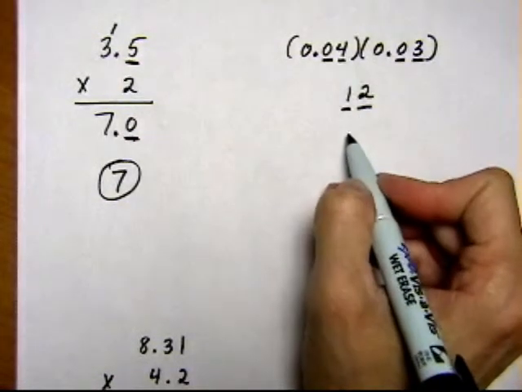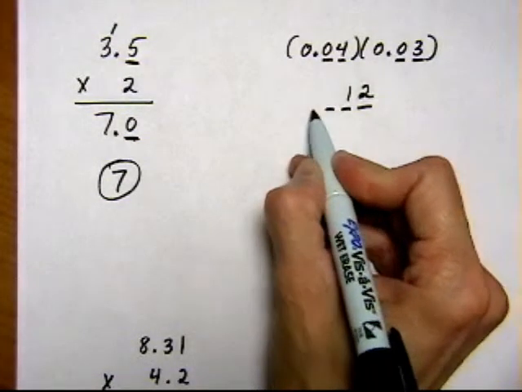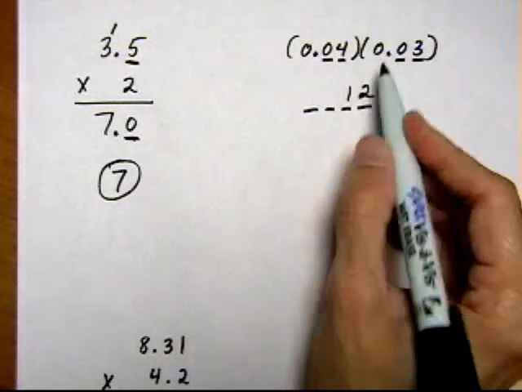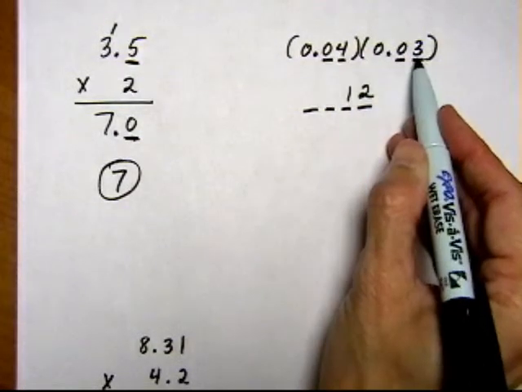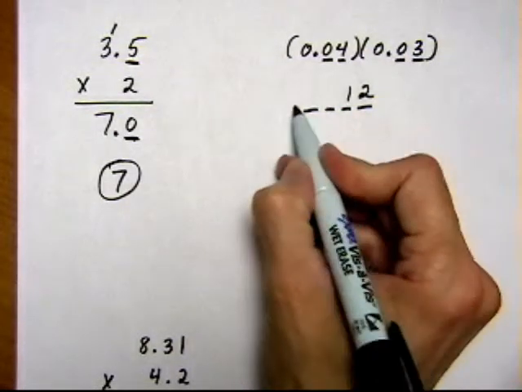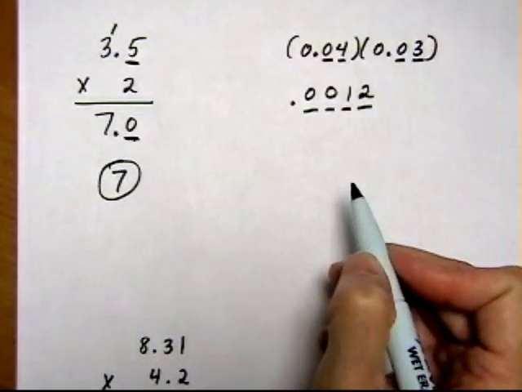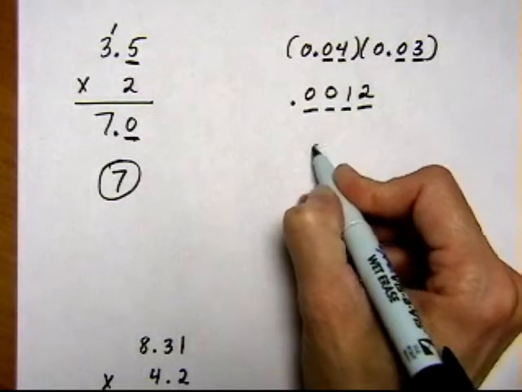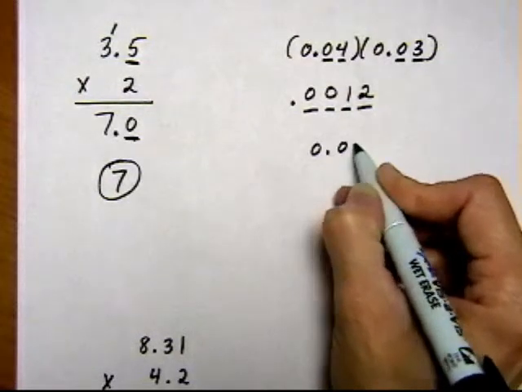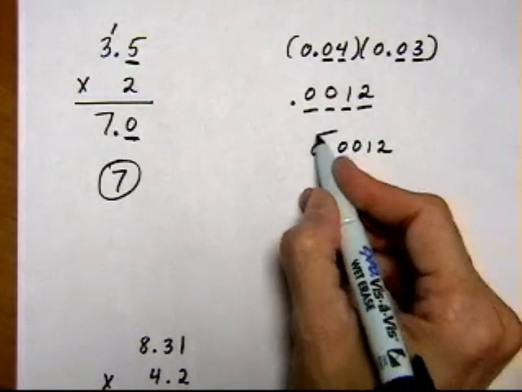Here are 2 in the 12, but I need to add 2 more because I need 4 decimal places to equal the 4 decimal places that were being multiplied. And I make that happen by putting a decimal point right there, adding the zeros as placeholders. So my final answer for this one is 0.0012.